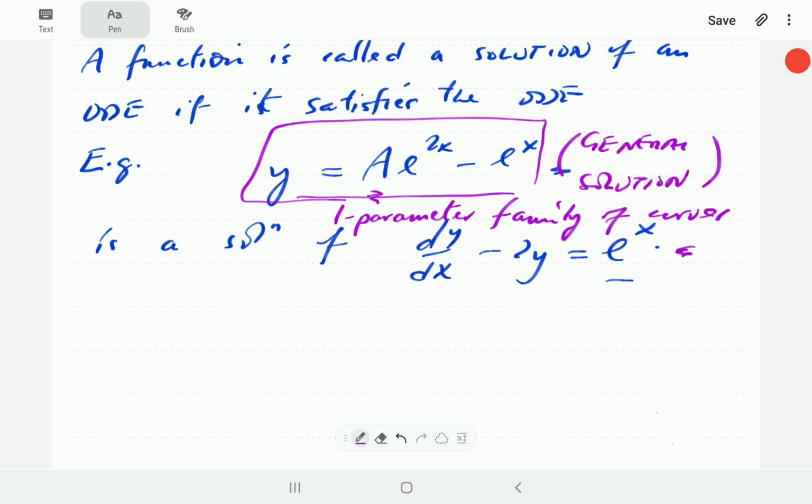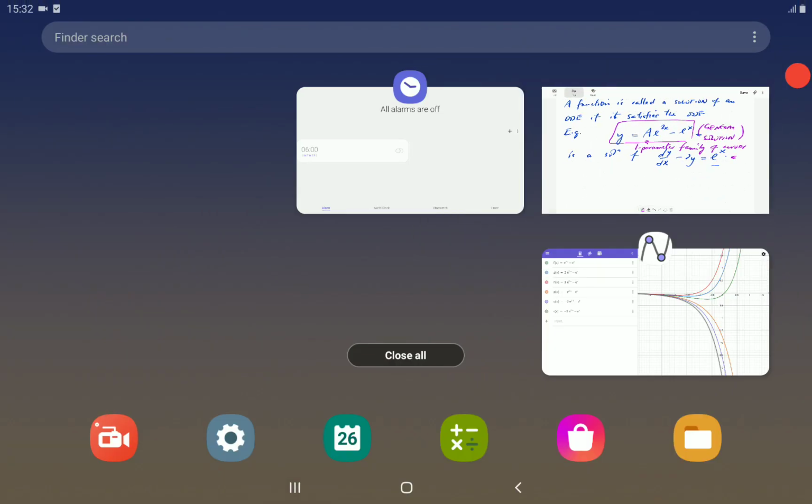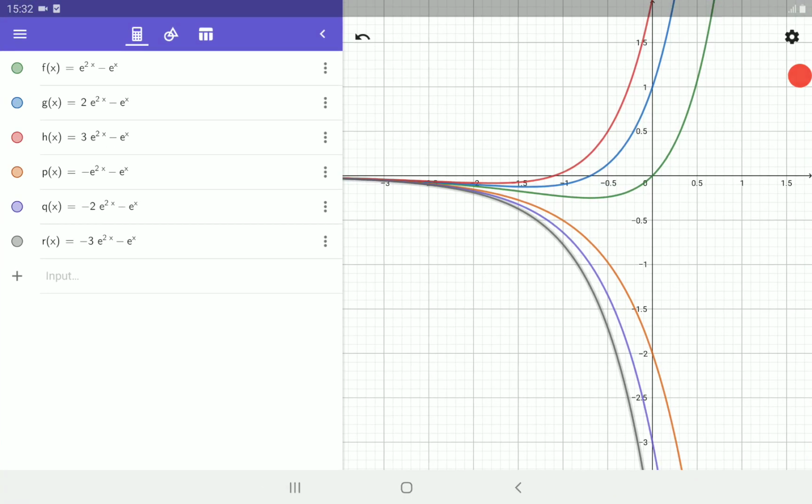Alright, so that is the idea of a general solution. Now, out of these many solutions here, sometimes it is required just to find one of them, in which case we say we require a particular solution.